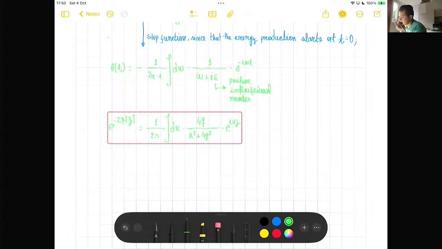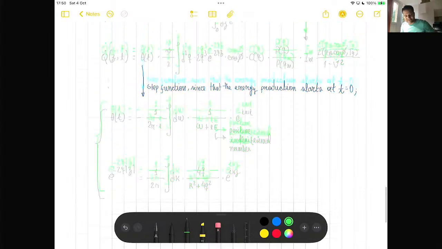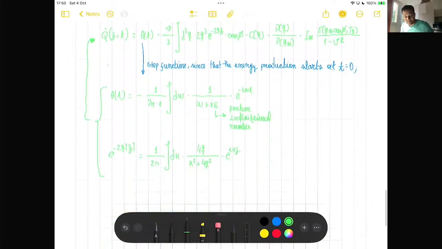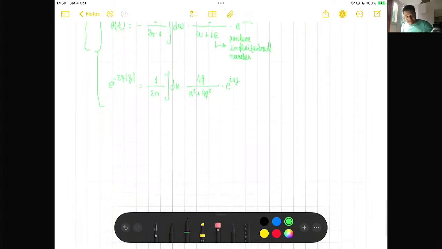Understanding this and applying it to the production equation, we can obtain a new form and also perform some manipulations.